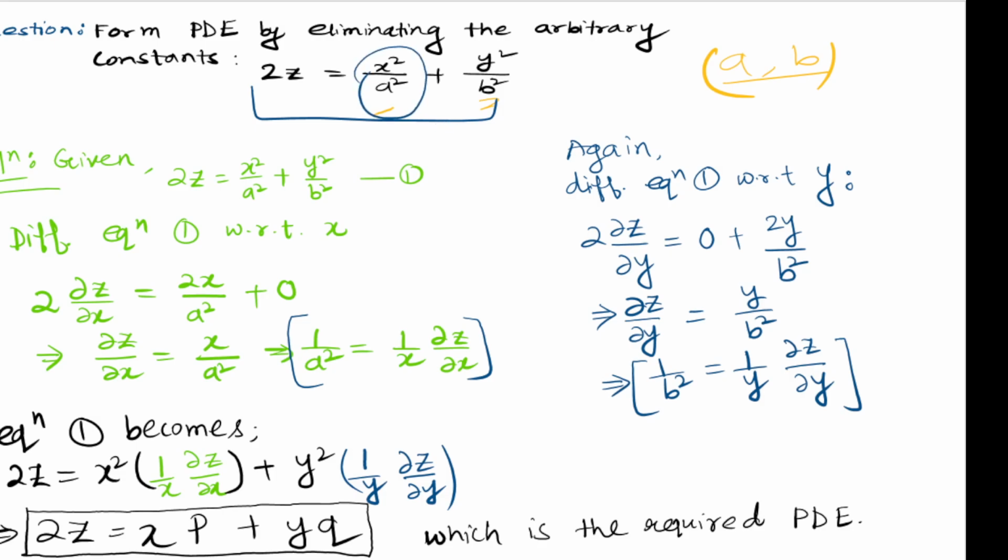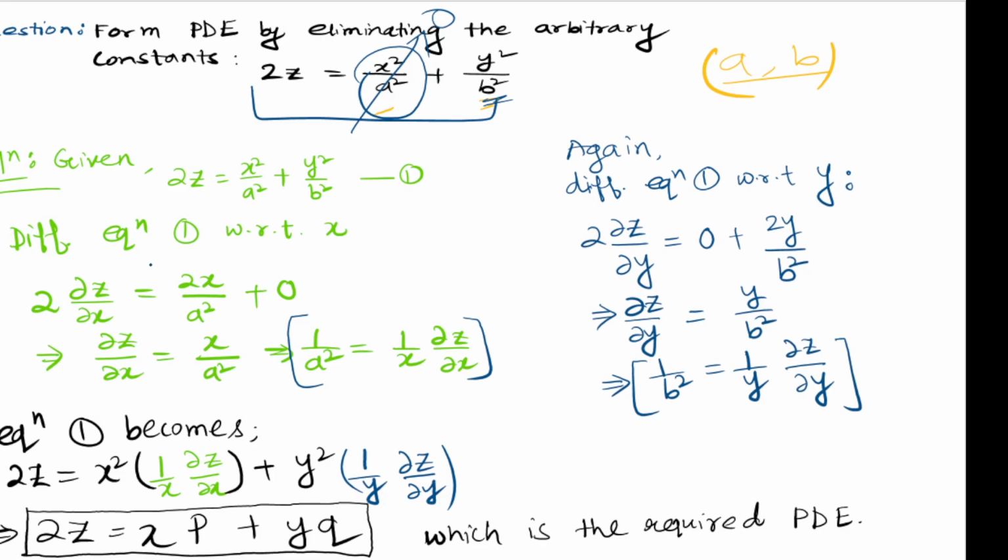I will get rid of this term, and this term will become 0, because in this term you don't have any independent variable y. So the differentiation of this part with respect to y will become 0. I will only be left with this part, and from here I can find the value of b square or something, and then I can replace and get rid of a and b very easily, right?